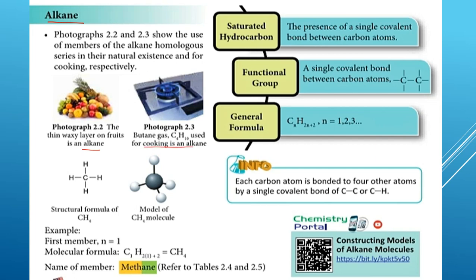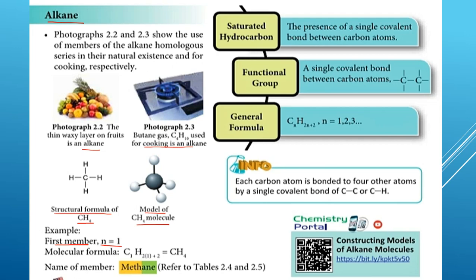So the structural formula of alkane, CH4. Okay, this is the structural formula. This is the model showing the CH4 molecule. The first member, N is equal to 1, meaning the number of carbon atoms is 1.